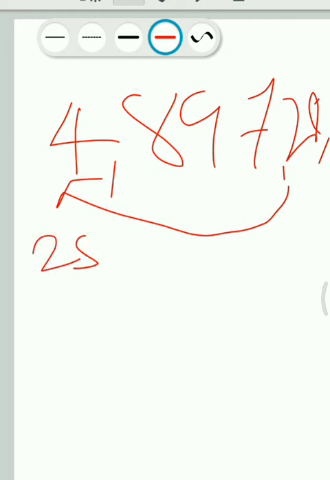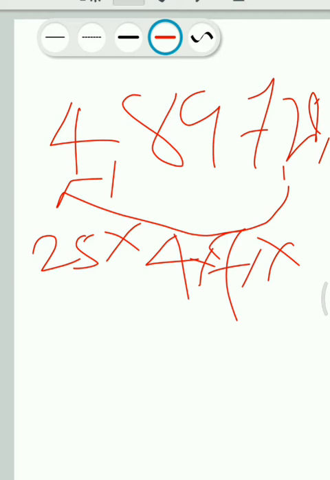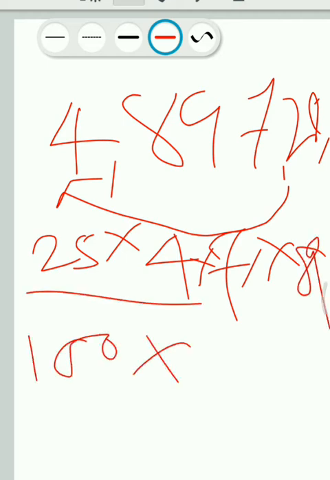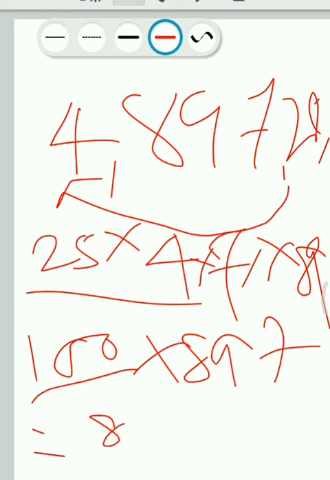So 25 into 4 into 897. First you multiply these two, you will get 100. Then 897 and 00. Simply you have got the answer, 89,700.